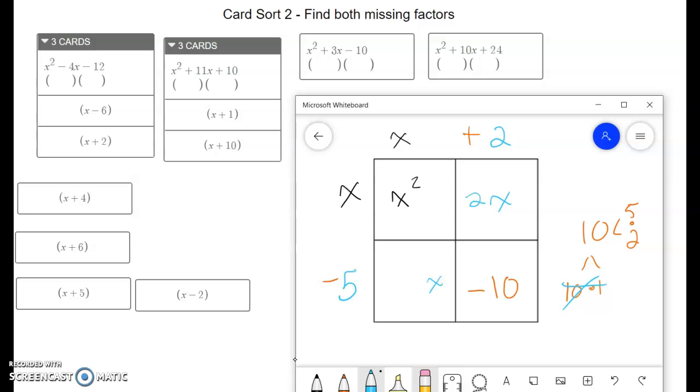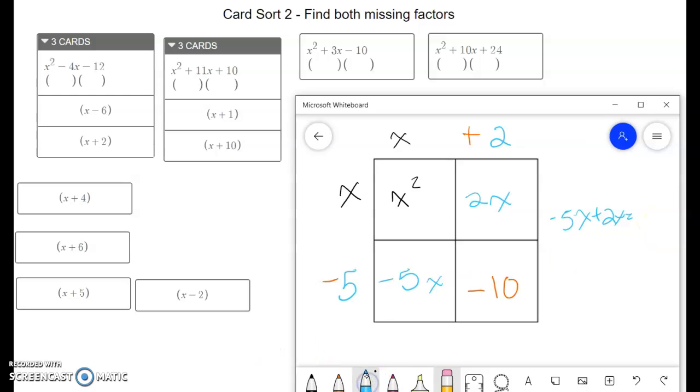2 times x gives me 2x. Negative 5 times x gives me a negative 5x. So negative 5x plus 2x actually gives me, let's see, if I owe you $5 and I only give you 2, that's negative 3x. So I'm actually looking for positive 3x.